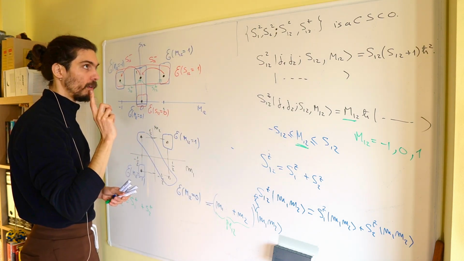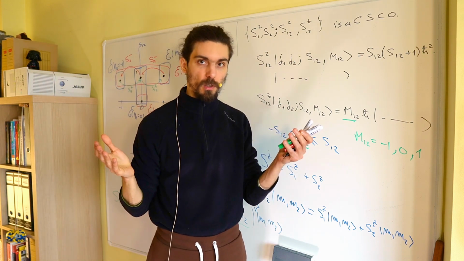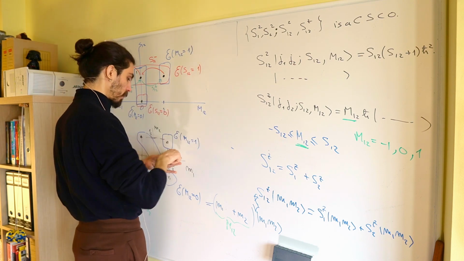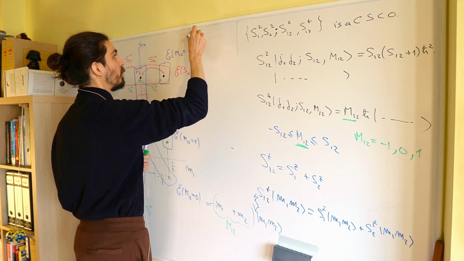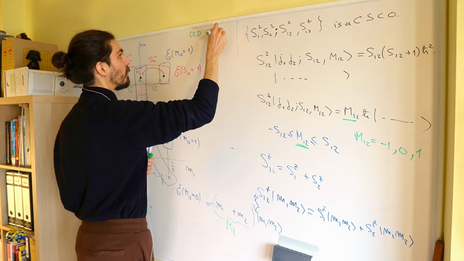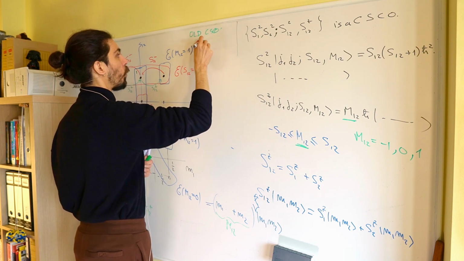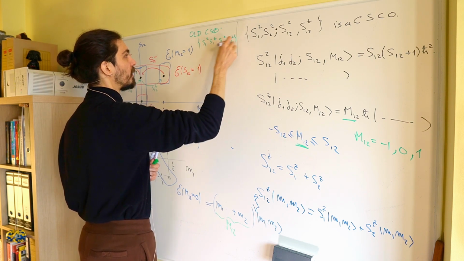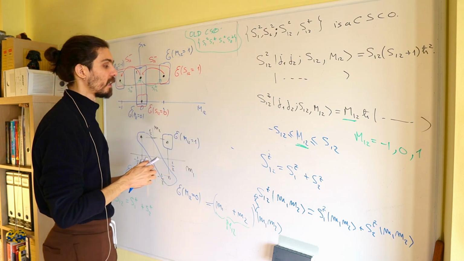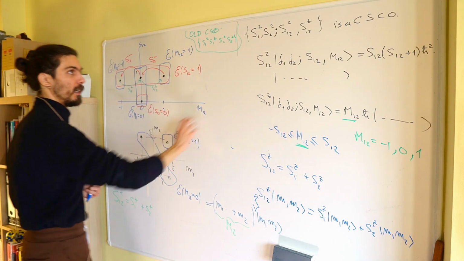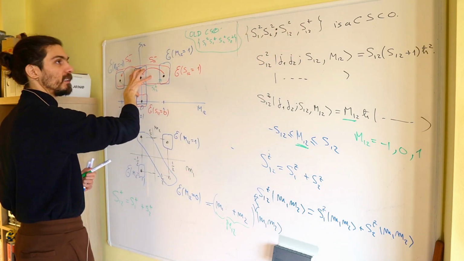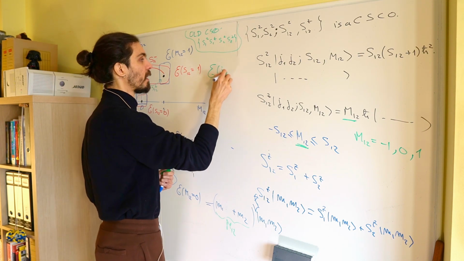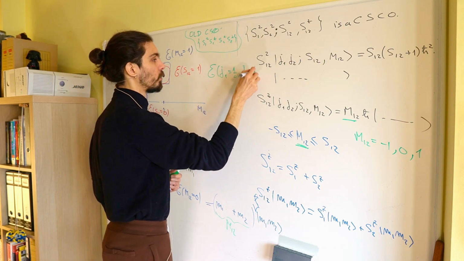Very important. You see, you have two CSCOs. Let me write the old one. You need to remember the old CSCO: S1 squared, S1z, S2 squared, S2z. This is the old one, right? It determined these bases. You have a new one that determines these bases for the same state space, the one with J1 equal to 1/2 and J2 equal to 1/2.